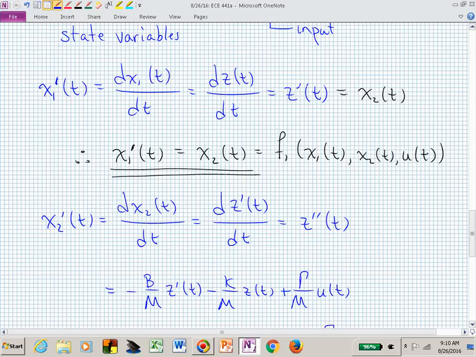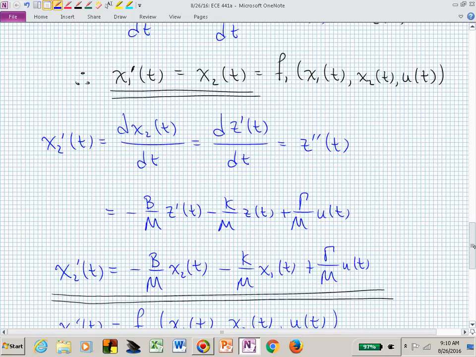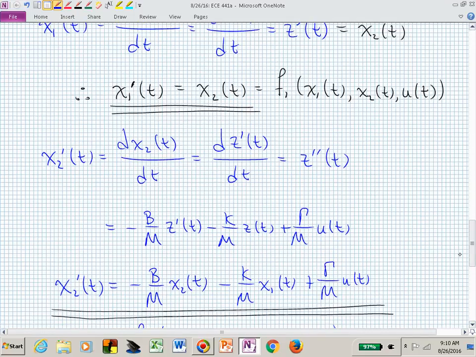That was minus b over m z prime minus k over m z plus gamma over m u. And all of these, the z and the z prime, we've already defined as state variables. Z is x1 and z prime is x sub 2. And u is just u. U is u. Right? Y-O-U. No, the letter u. So the input u is u.